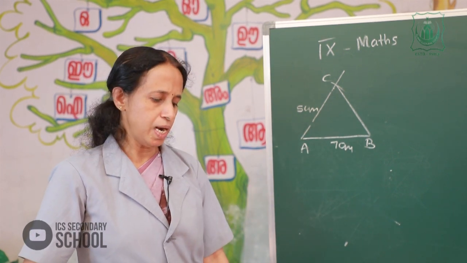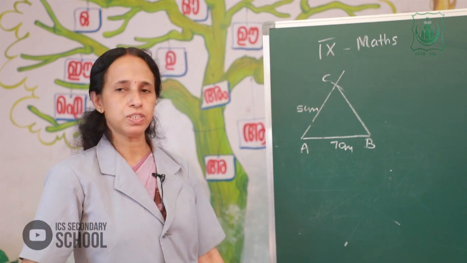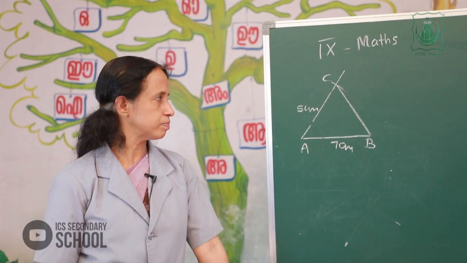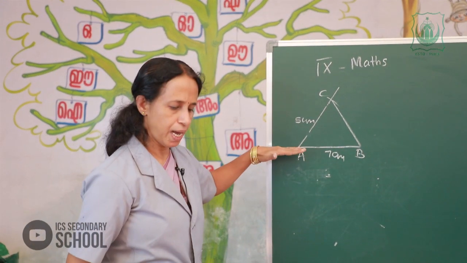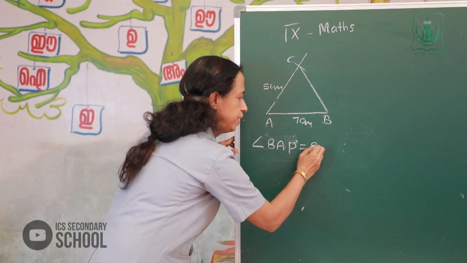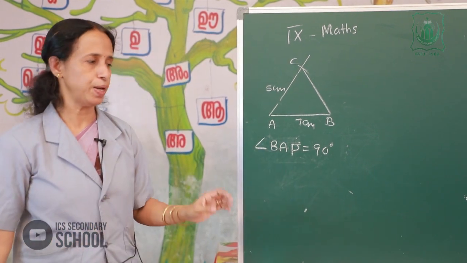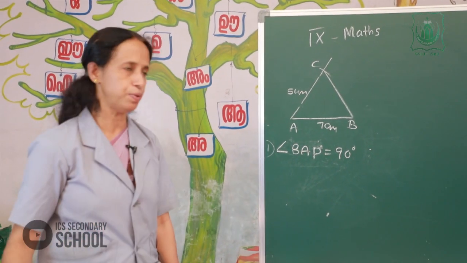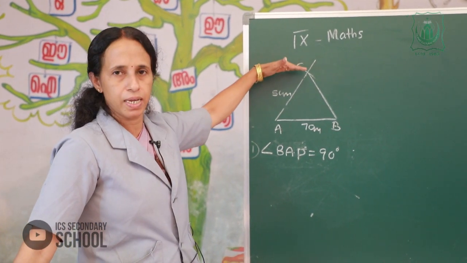First draw triangle ABP. Angle BAP equal to 90 degree. First question, angle BAP equal to 90 degree. First draw this triangle.